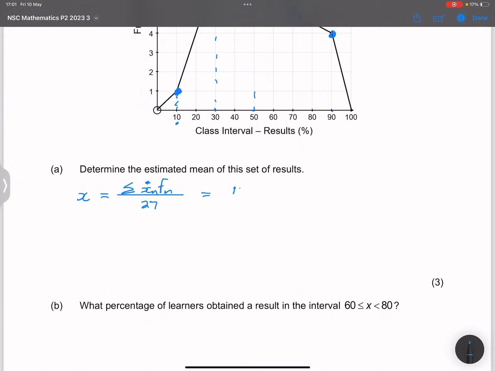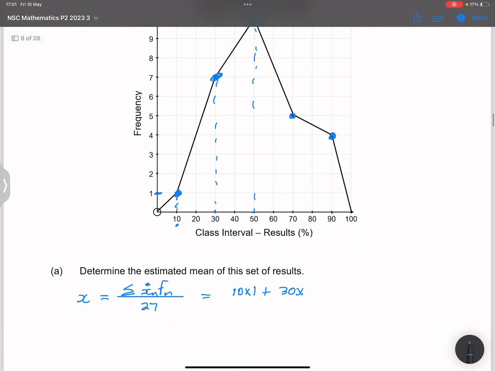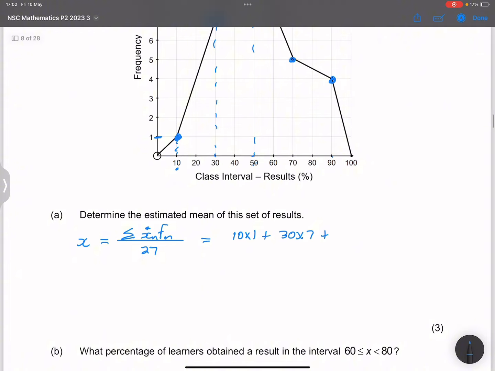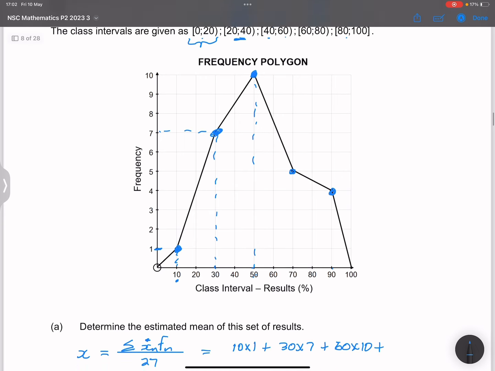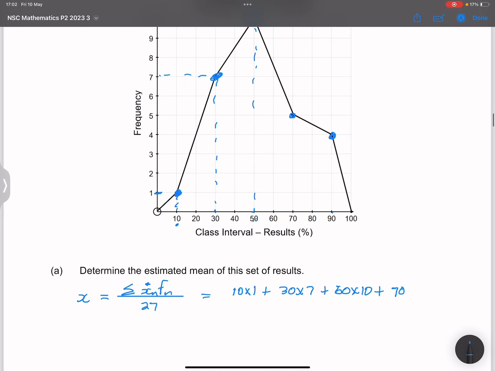So 10 multiplied by my frequency there, which is 1, plus 30 multiplied by the frequency of 7, plus 50 times 10, plus at 70 we've got 5, and the last one at 90, we've got 4.